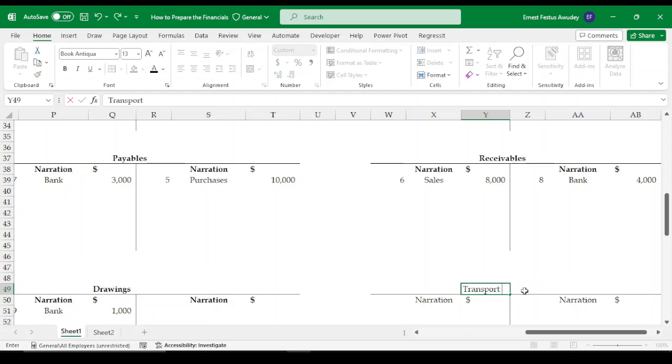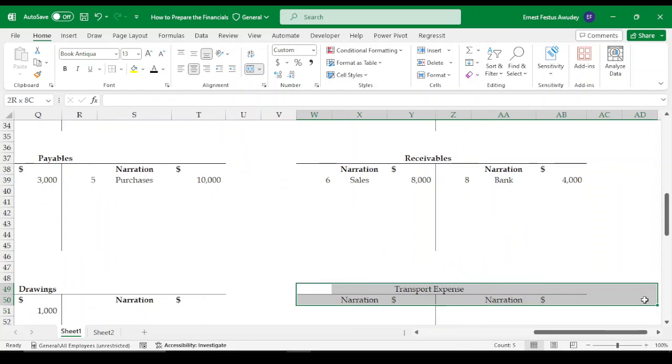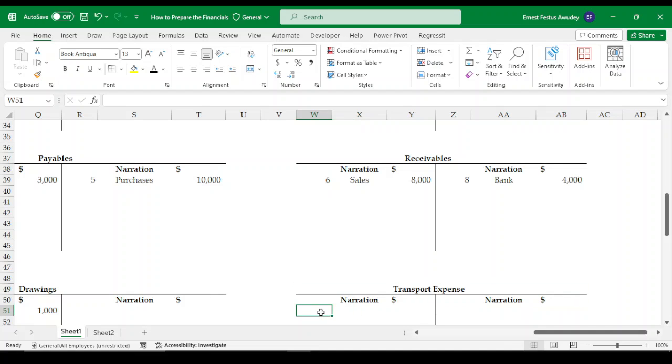Transport expense account. All right. So I can merge and center that, and also bold these headings using Control B there. So these are expenses, and we have incurred expenses, or we have paid for expenses, which means our expenses have increased.